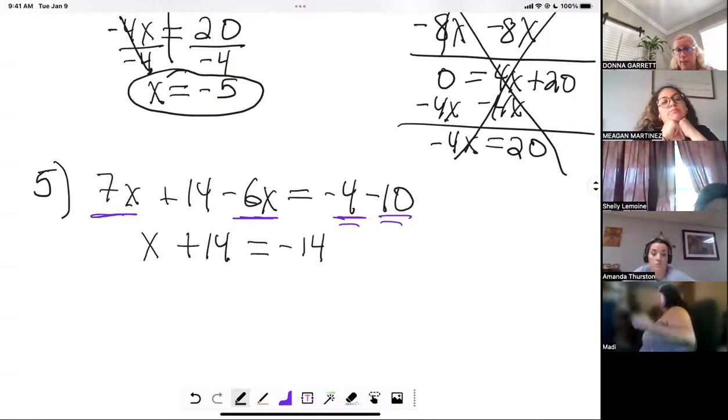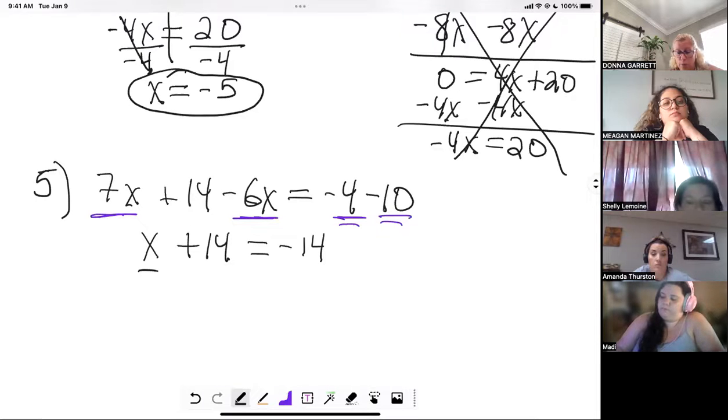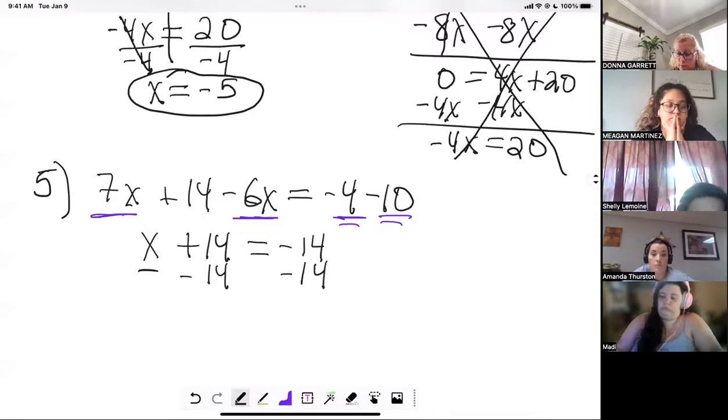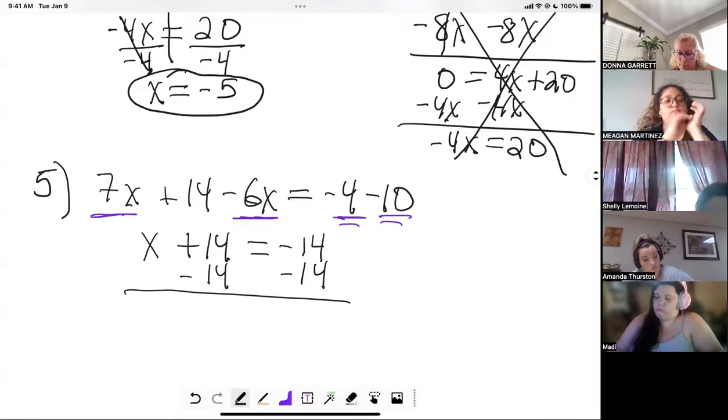And once you simplify it, we only have one thing to do, actually. We have my x's over here, so all my numbers should be on the other side. So I'm adding 14 to x. I want to subtract 14 to move it to the other side. Why did I subtract? Opposite sign.